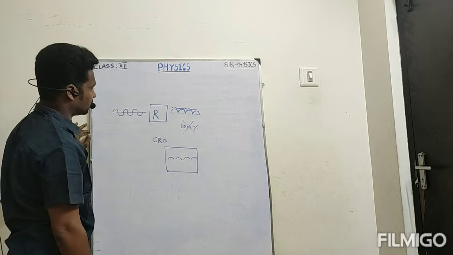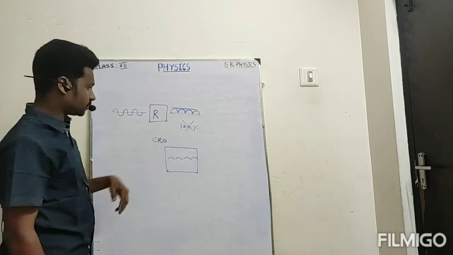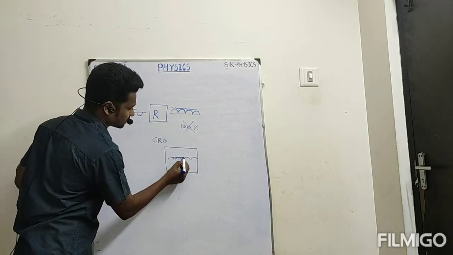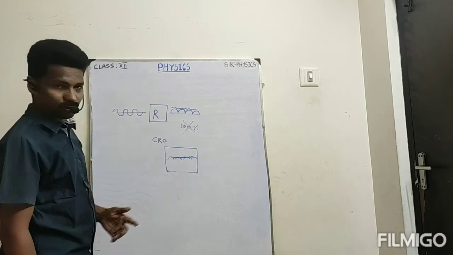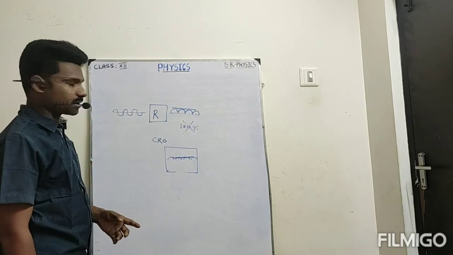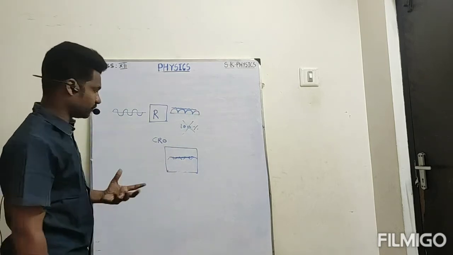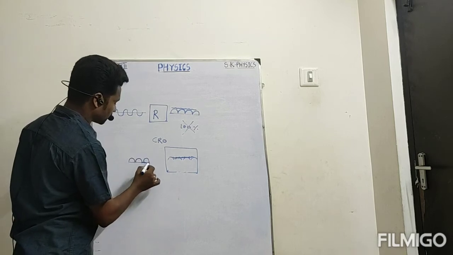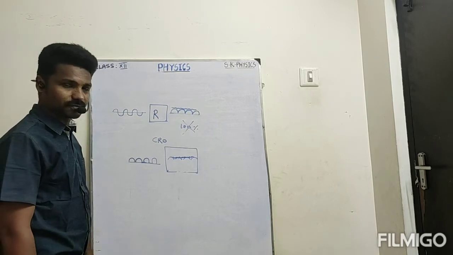But some fraction of AC is also combined together. So we get an output like this. This is the actual output from the CRO. Then what will we do? We need only the perfect output like this, a perfect DC source.